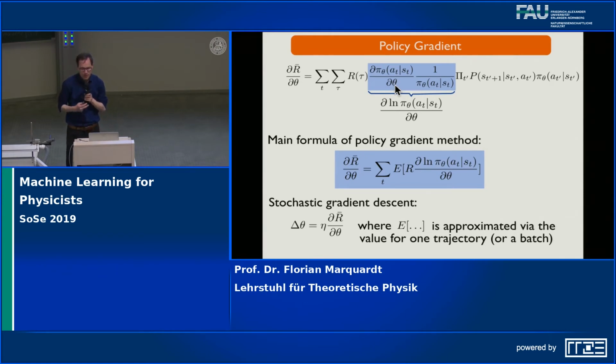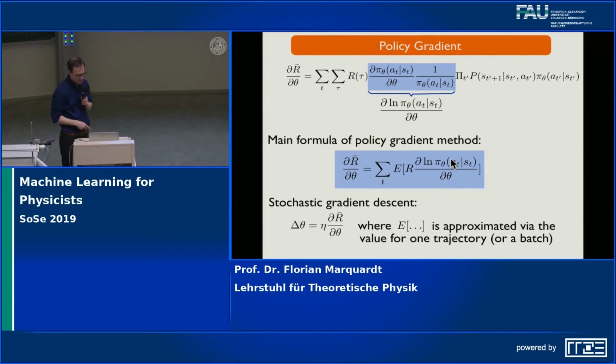But it's true that if this doesn't converge as fast as you like it to converge, it's a good idea to look at how these probabilities really depend on the parameters. Also in neural networks, it can depend very much on how you parameterize or which nonlinear functions you choose for the last layer of your neural network, for example. So this is all true, but in practice, this will not be the problem.